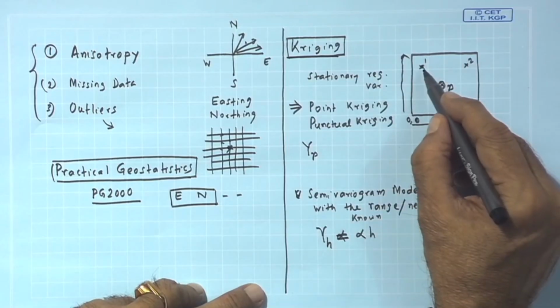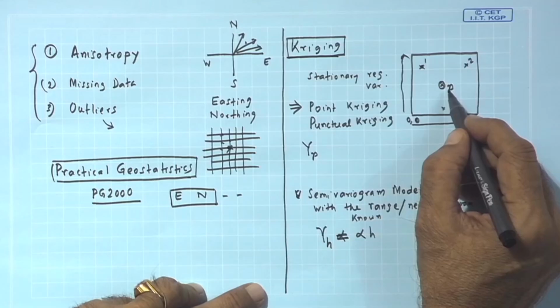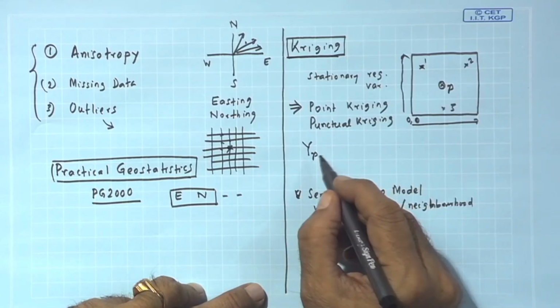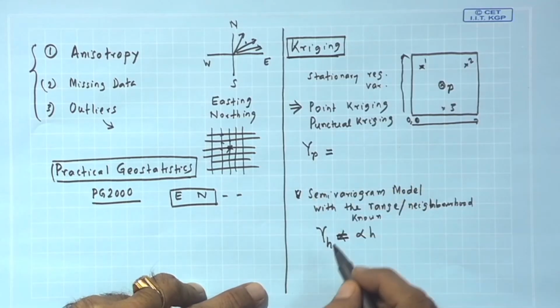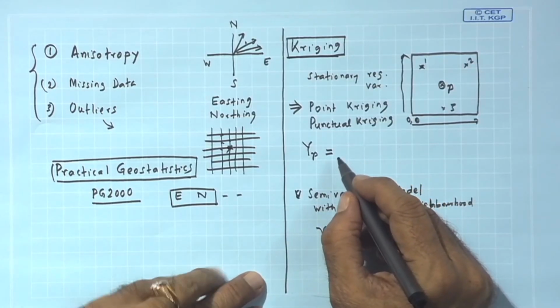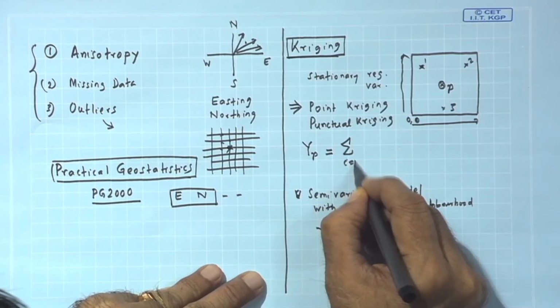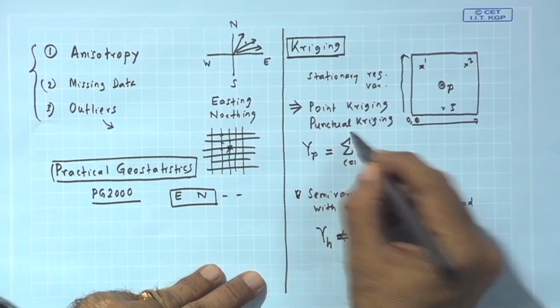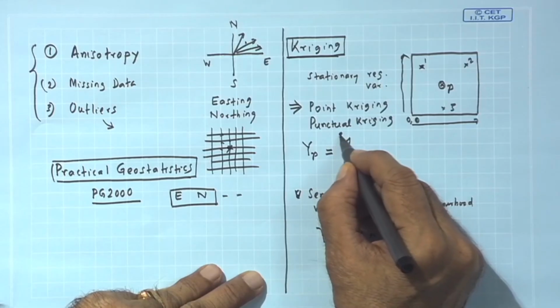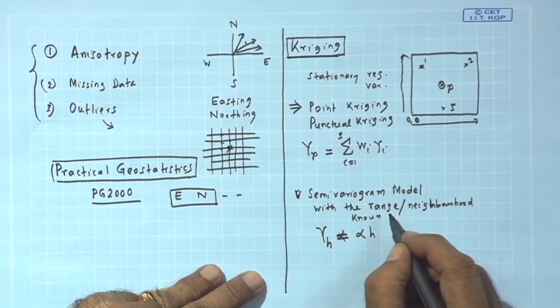So the coordinates of point 1, point 2 and point 3 are all known to us, as well as point P. So we will use a simple formula for calculation of this particular variable at P as sigma i equals 1 to 3, wi yi.